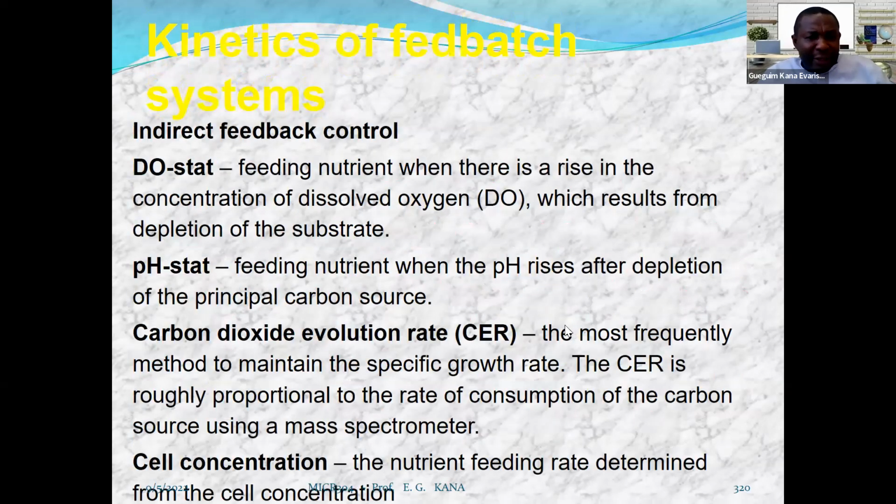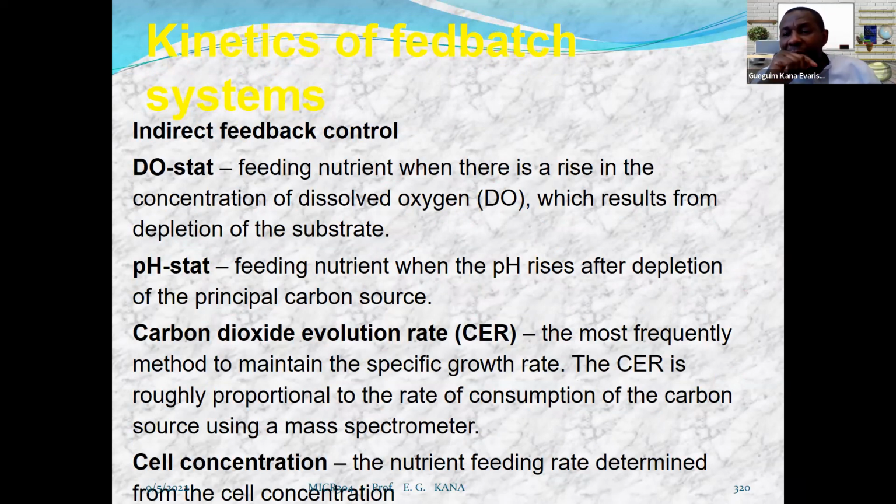Then last time again, we looked at how you control the feeding in your reactor. We said you could have a dissolved oxygen stat, where the feeding pump or the feeding algorithm is connected to the dissolved oxygen concentration within the reactor.